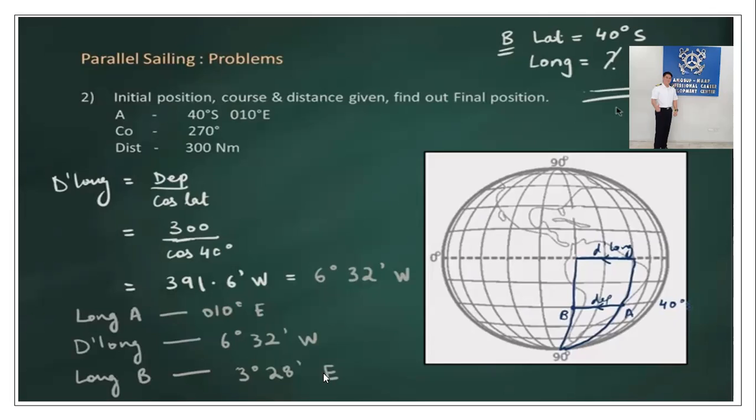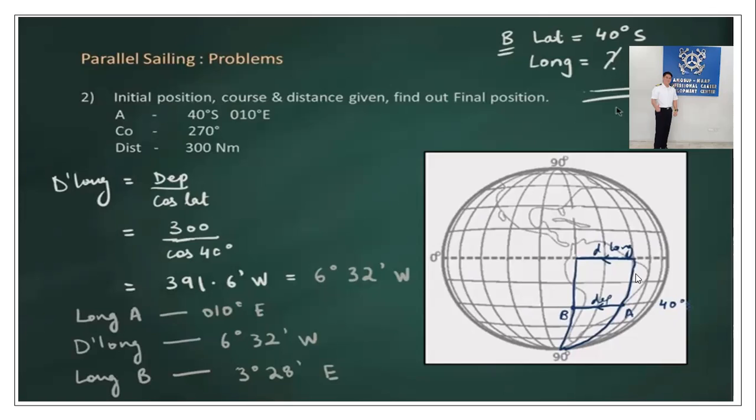Why is it east? Because longitude A is bigger than the d long, meaning it did not reach the Greenwich meridian, 000 degrees, so that it would become westerly. So it cannot be a westerly longitude because longitude A is much higher than the d long.